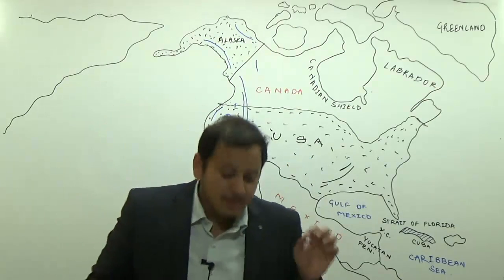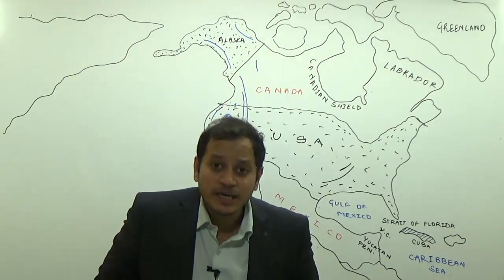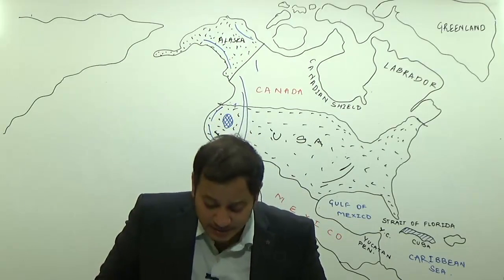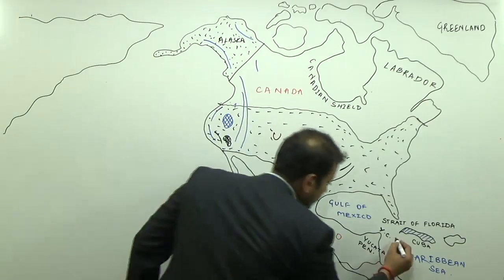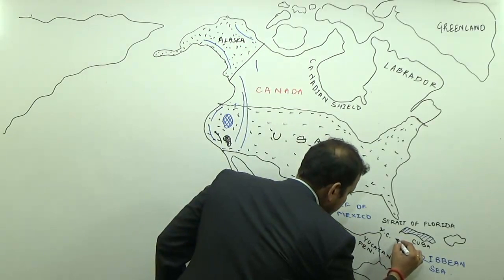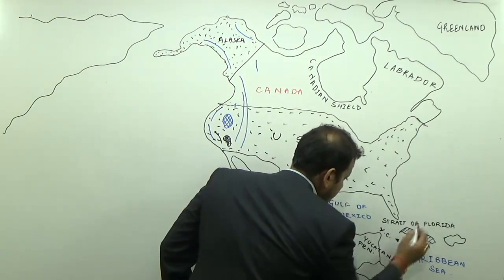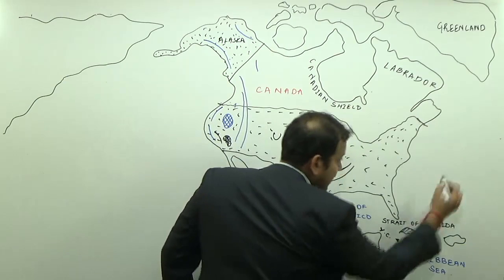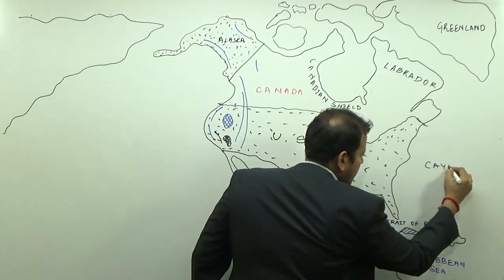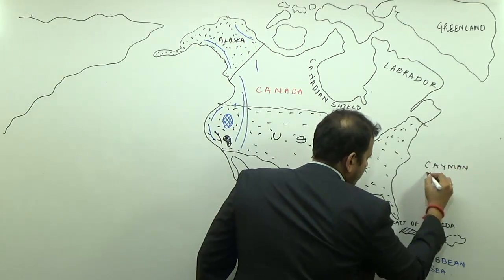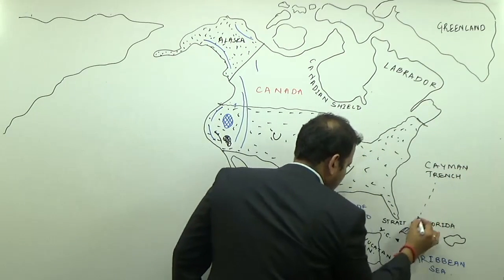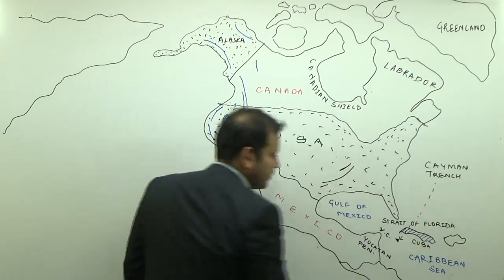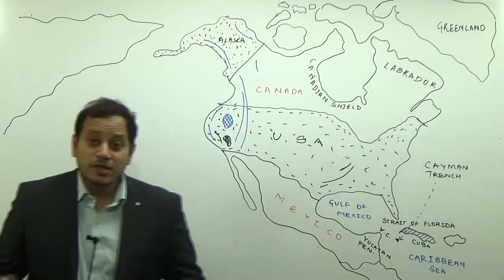You can see the small trench which is located here in the Caribbean Sea is the Cayman Trench. I am writing the name of the trench here, Cayman Trench.